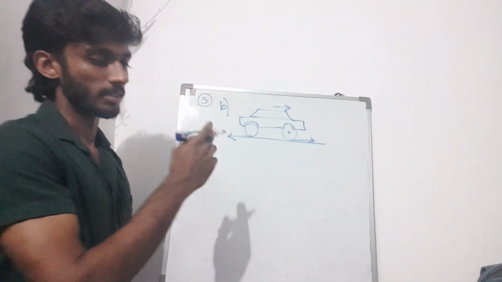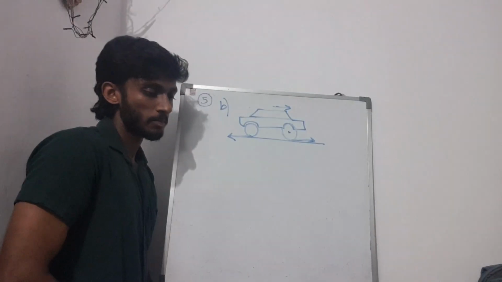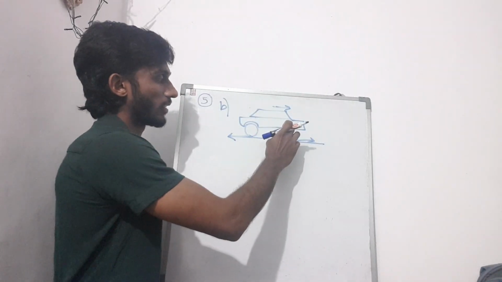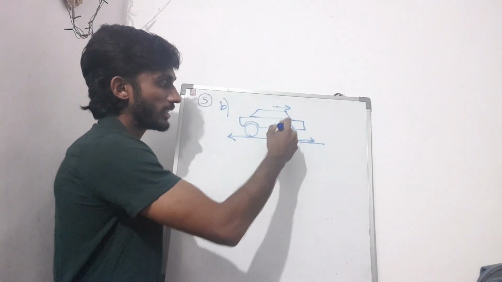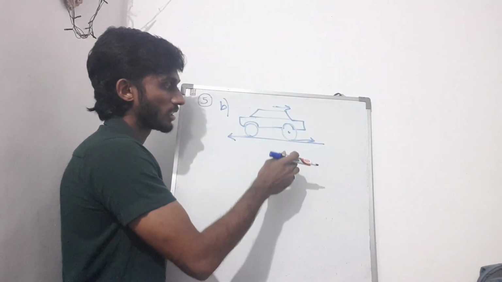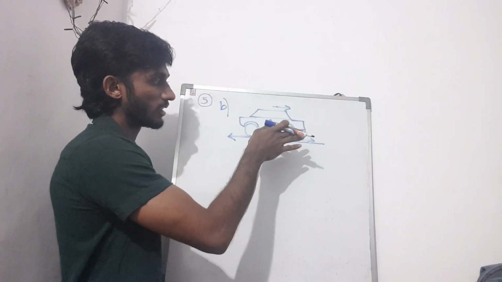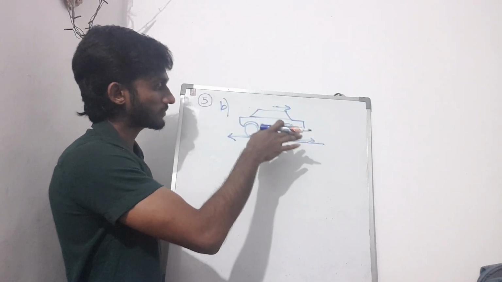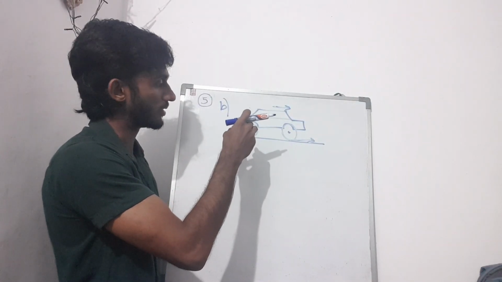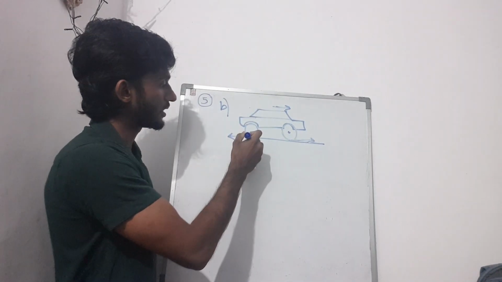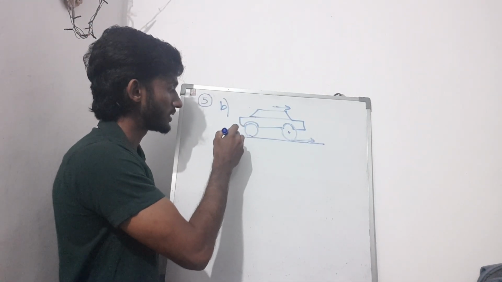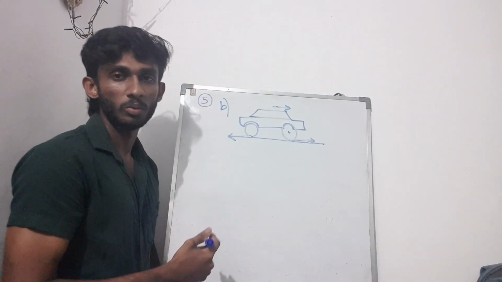In the front wheel drive car, the front wheel's friction force should apply in the moving direction. The rear wheel friction force applies in the opposite direction to the moving direction.